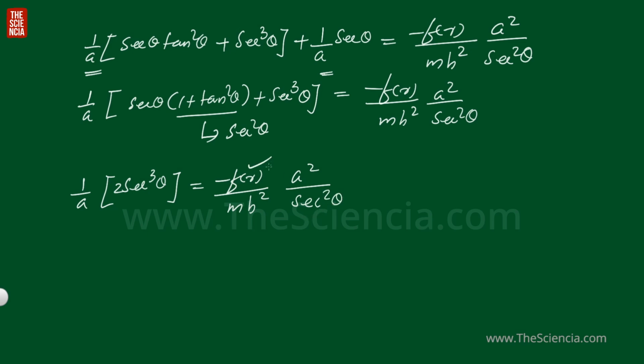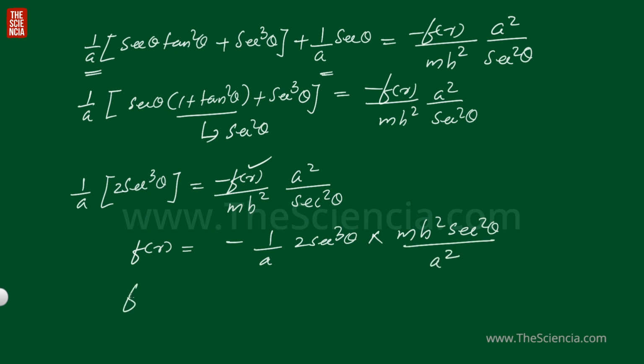So now we have to find out the force law, that is we have to rearrange this, that is f of r equal to minus 1 by a into 2 sec cube theta into m h square sec square theta by a square. That is f of r equal to minus 2 by a cube m h square sec raised to 5 theta.